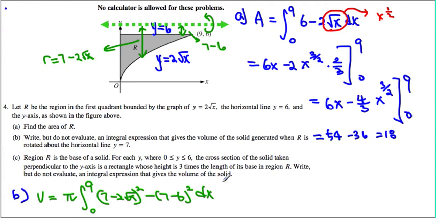Alright, let's look at part C. The region R is base of a solid for each y here, where y goes from 0 through 6 in this way. So why don't I erase this picture just a little bit and then try to figure out the rest.